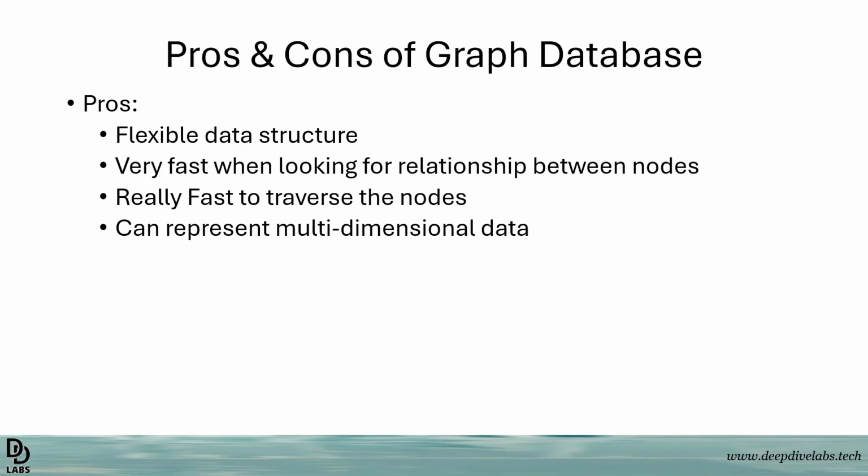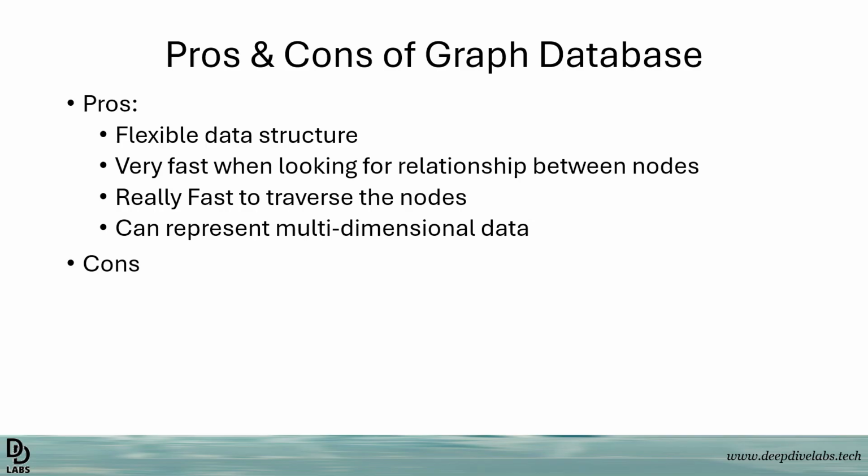It can be used to represent multi-dimensional data. Any sort of complex data can be represented, because when you have different perspectives of the data, you can create different relationships by storing it in a graph database.